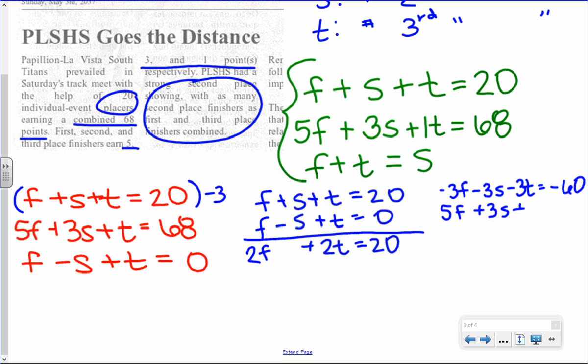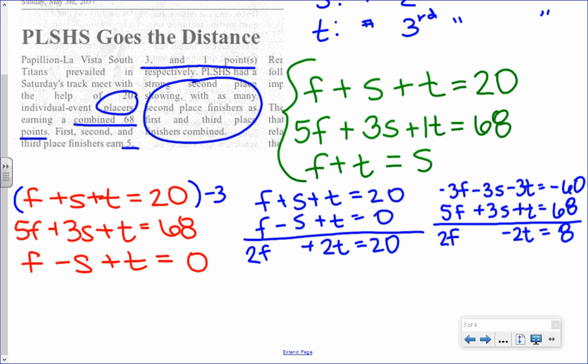Combine that with the third to get 2F minus 2T equals 8. Does that look good to you? Well, that worked out really nice.